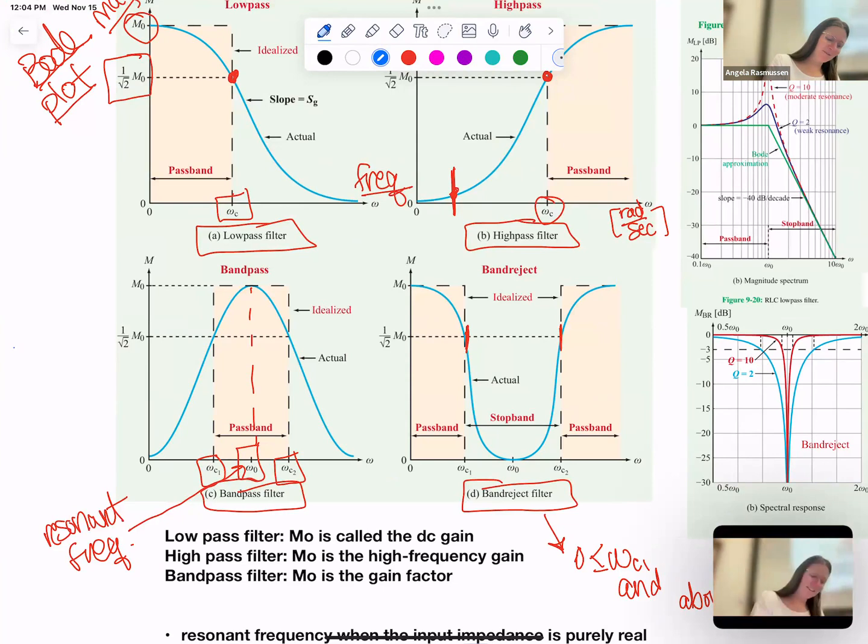So it has a range between these two, that operates between those two.